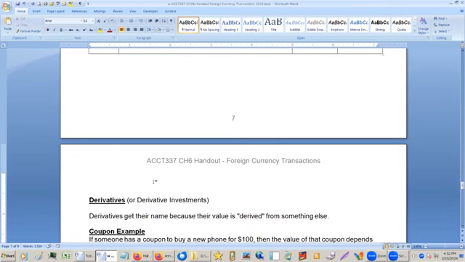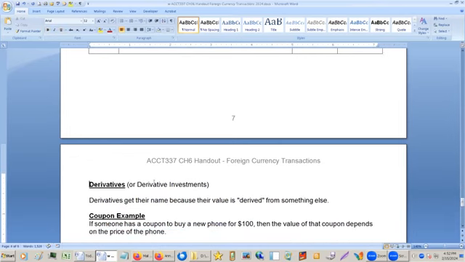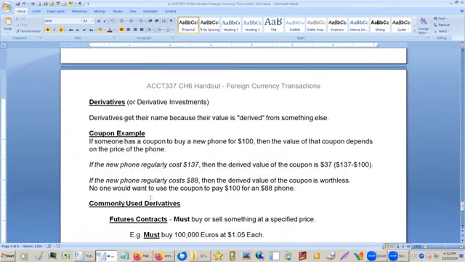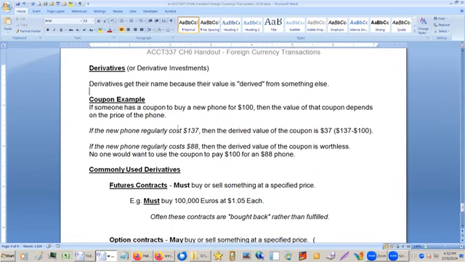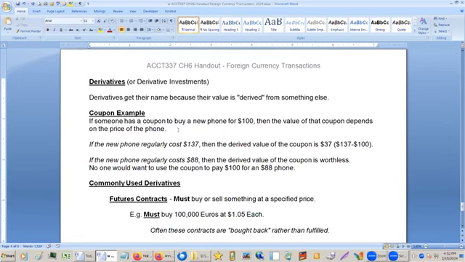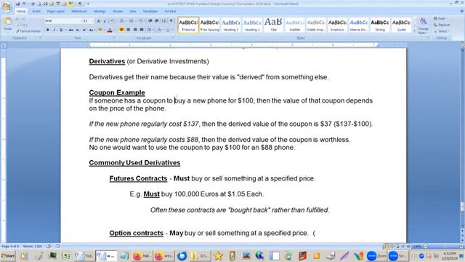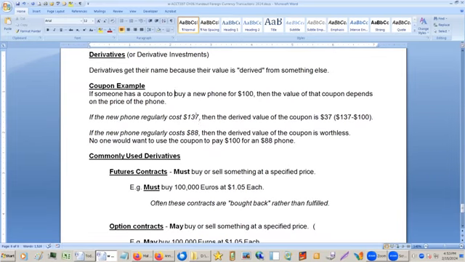Okay, we're not going to go too deep in the rest of this. Derivatives get their name because their value is derived from something else. So there's something underlying a derivative that gives it value. The coupon example. Okay, so we got a coupon to buy a phone for $100.